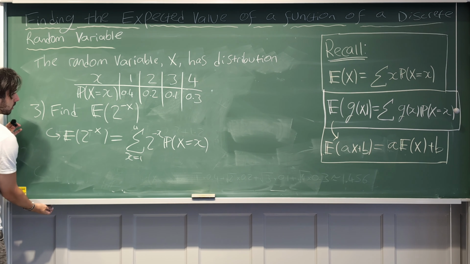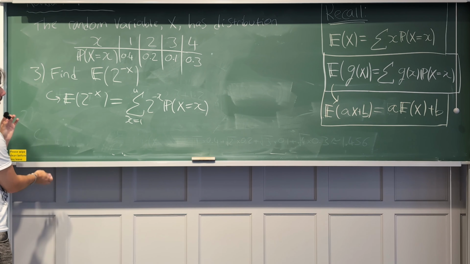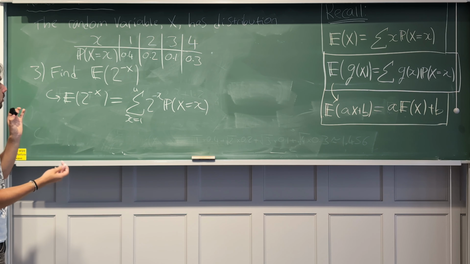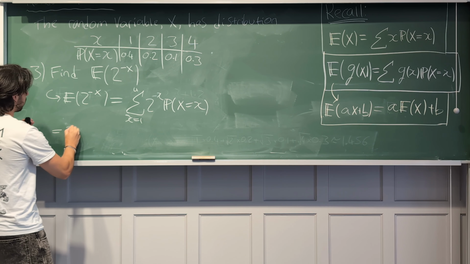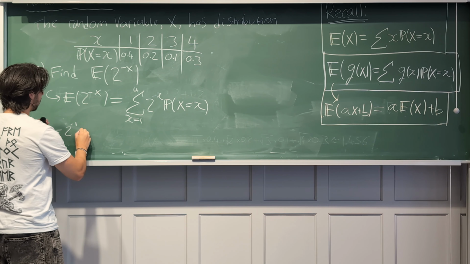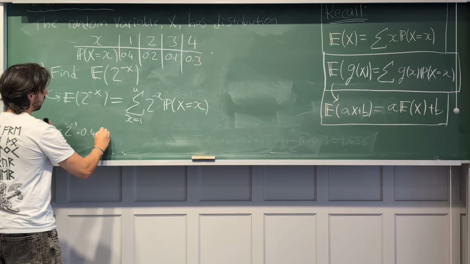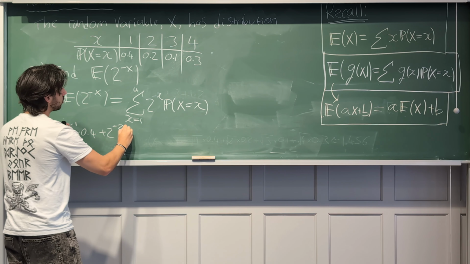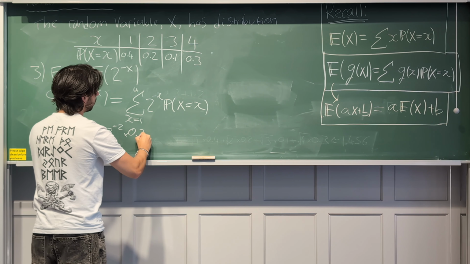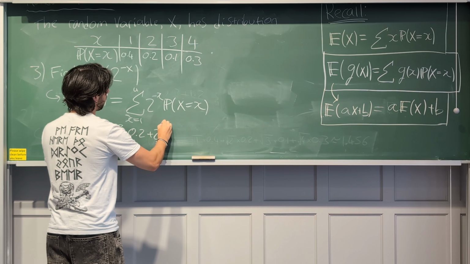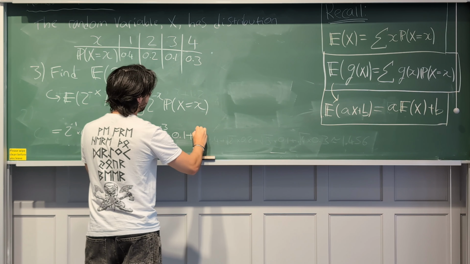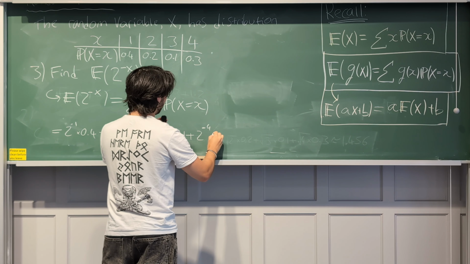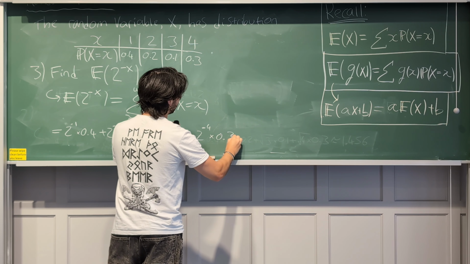Again, I'm being a bit more specific now because it's going to come up later. And again, we can just do this manually, plugging everything in. So 2 to the power of minus 1 times 0.4 plus 2 to the power of minus 2 times 0.2 plus 2 to the power of minus 3 times 0.1 and finally plus 2 to the minus 4 times 0.3.